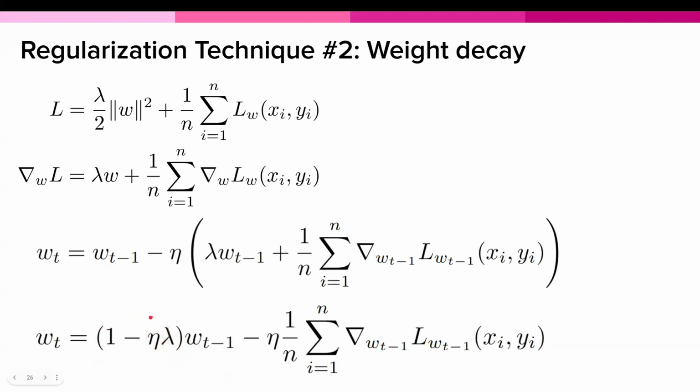Eta is usually small, so this term has the effect of decreasing the size of the weights over time, and that's why we call it weight decay.